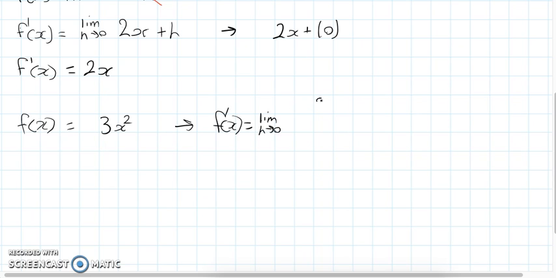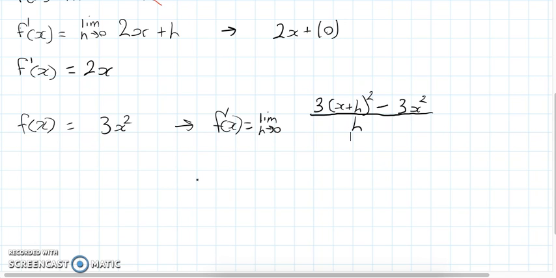We're going to have 3 out the front. So remember, it's only whenever we have x that we're going to substitute x plus h in. x plus h, all squared, minus 3x squared. And we'll divide that again by h.